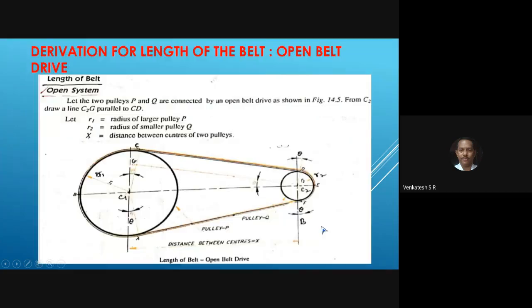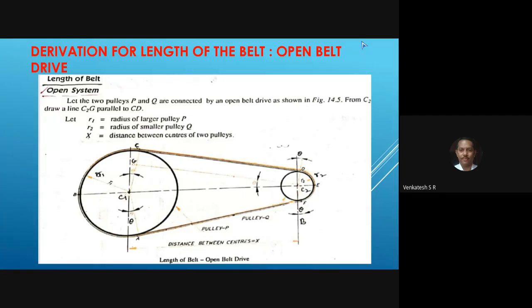Next class, very, very important. Almost all the question papers have a question: derive an expression for the length of the belt in case of open belt drive or cross belt drive. Among the two, one is 100% guaranteed in the examination.